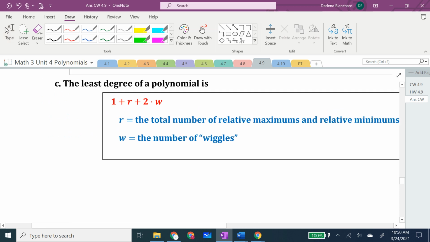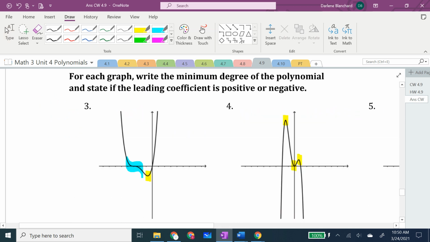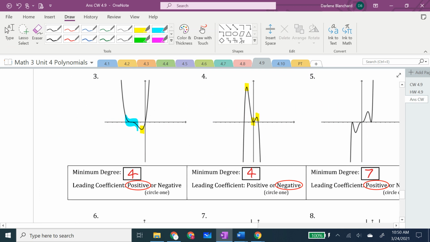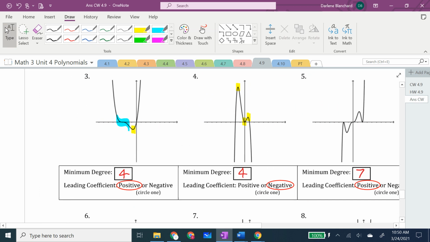And here's a nice little formula if you like. But what you're looking at is that you have a relative minimum, and this wiggling causes to add 2 to that 1. And so in a way, you have 3 relative maximums minimums. That makes it degree 4.